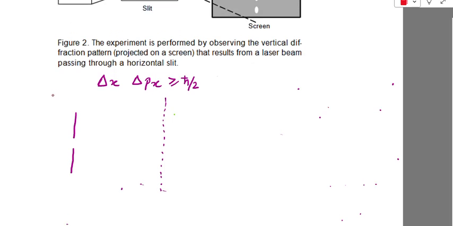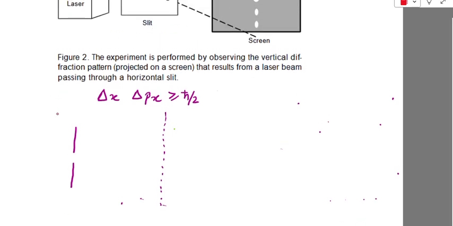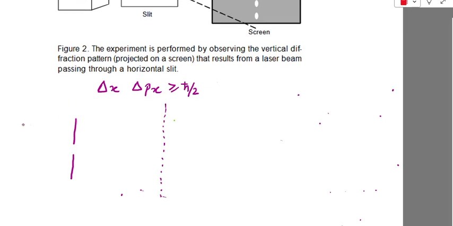This uncertainty principle I am applying at the slit location. So first let me introduce my coordinate system. This is the x direction, and let's imagine the forward direction is z. My beam, my photons, are going in this direction.